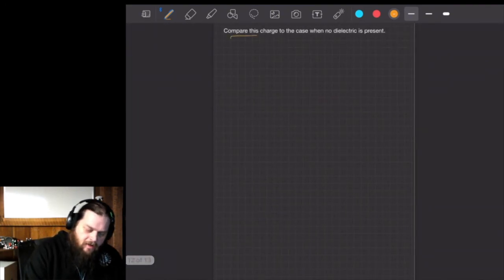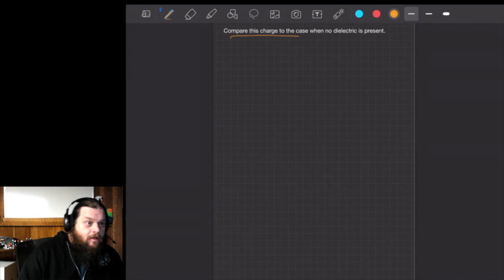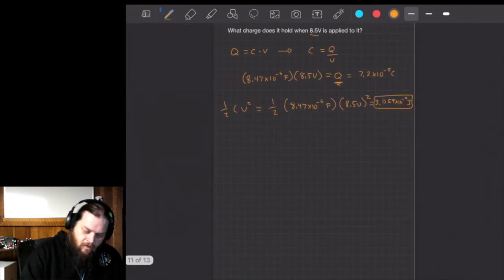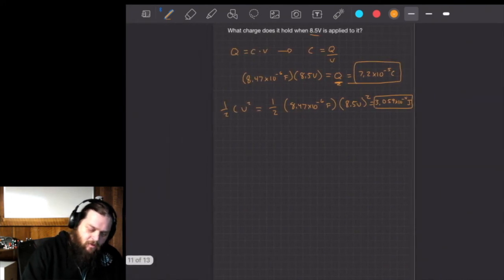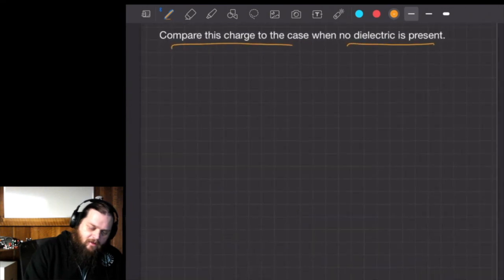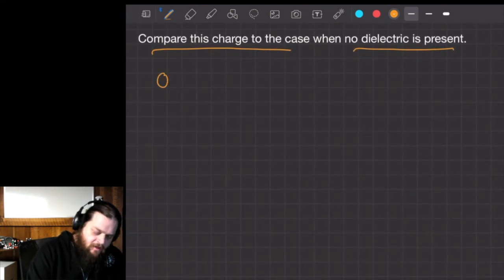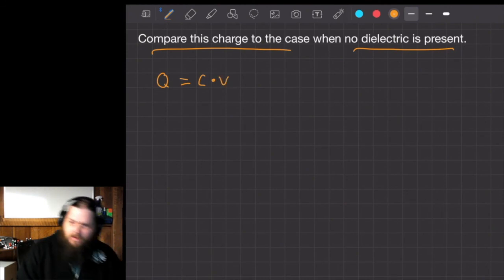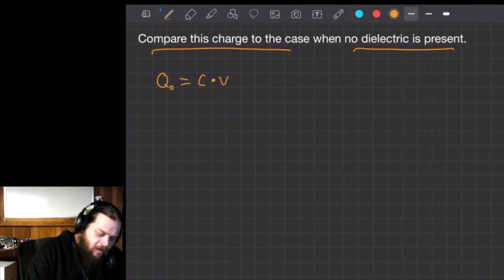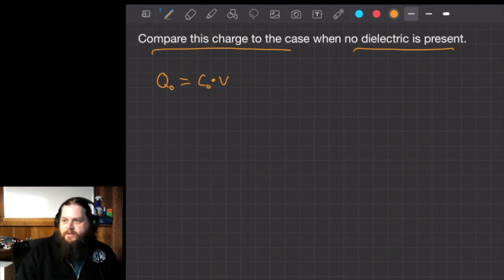We want to compare this charge that we found last time to a case with no dielectric present. Since Q is equal to the capacitance times the voltage, if I say Q naught, capacitance naught, and we'll say the voltage never changes, so it's going to be constant.